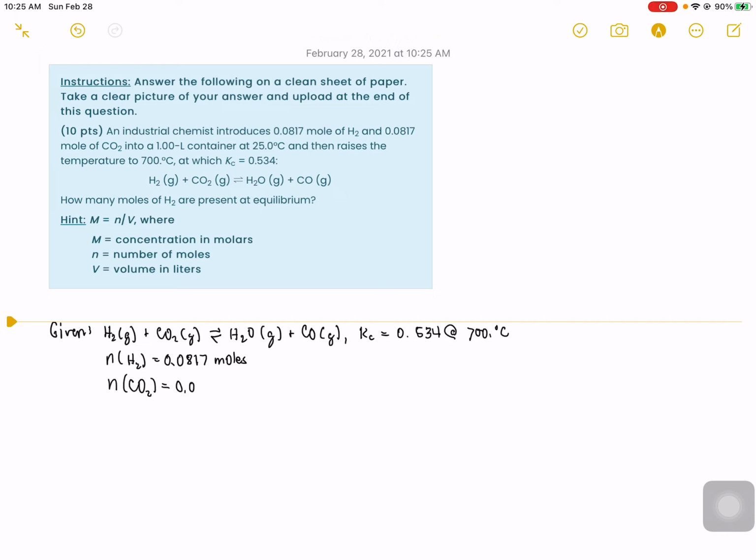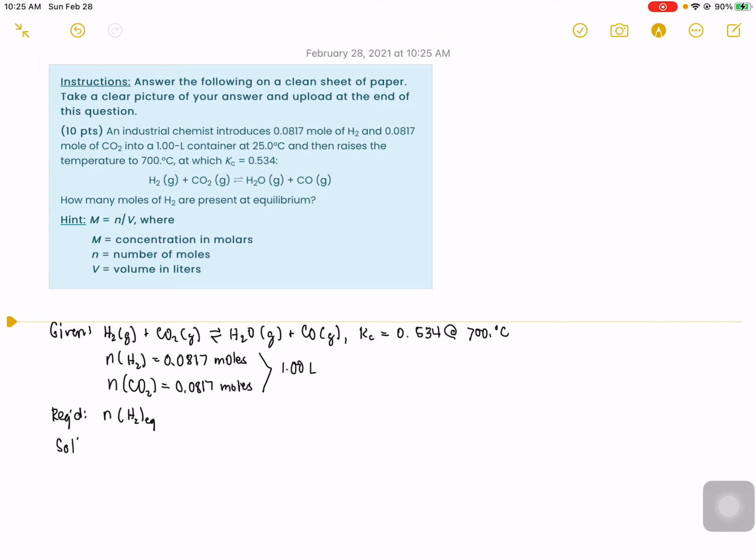Its amount is also given to us initially. And all of this is loaded into a 1-liter container. So with all of this information given to us, we are now being asked to determine how much of the hydrogen will be left at equilibrium. So in mathematical terms, we write it as the following.